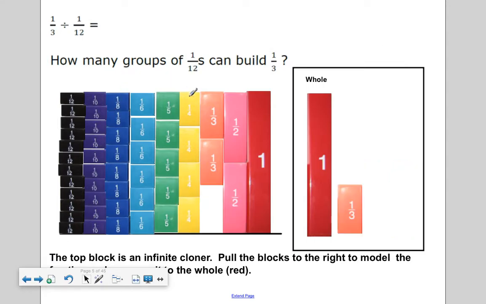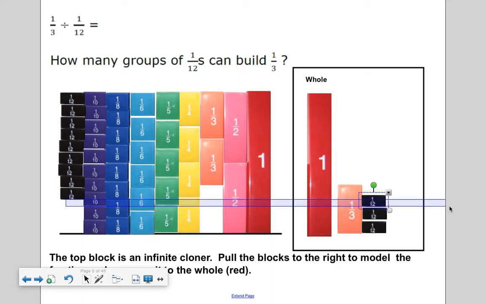Let's look at another example. We have 1/3. They want you to divide it into twelfths. So how many twelfths, or 1/12, can build 1/3? So I see, so far, 4 groups of 1/12 can build into 1/3.